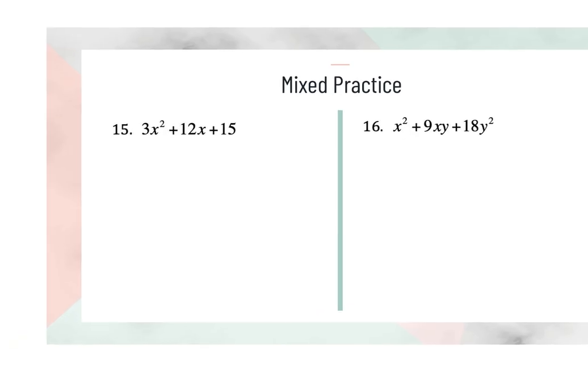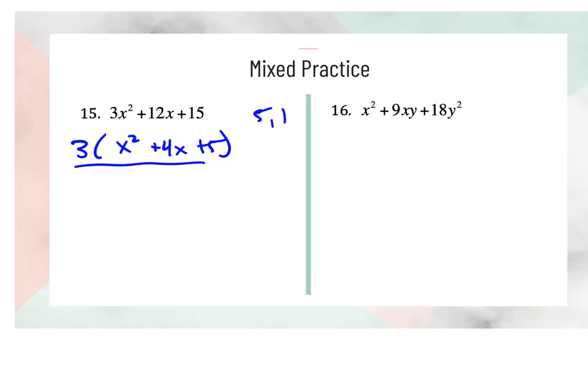On this one, okay, 3 can be factored out. What multiplies to 5 but adds up to 4? Nothing. That's as far as I can go. That's as factored as I can go.